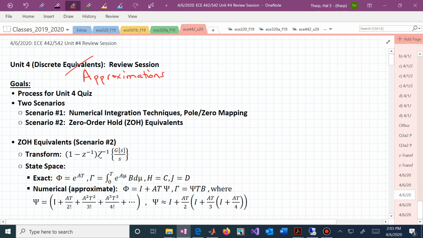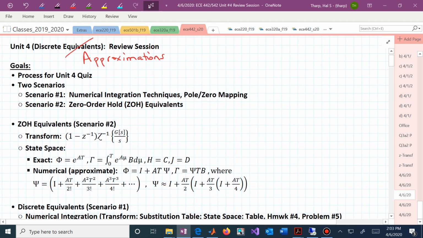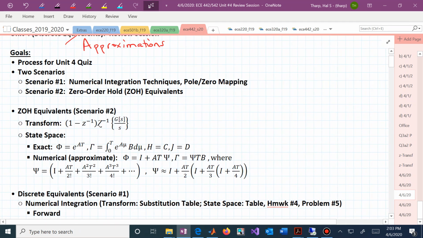We're really trying to approximate analog or continuous time transfer functions with discrete time or discrete transfer function representations or realizations.